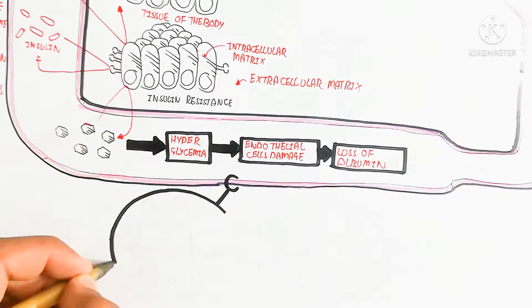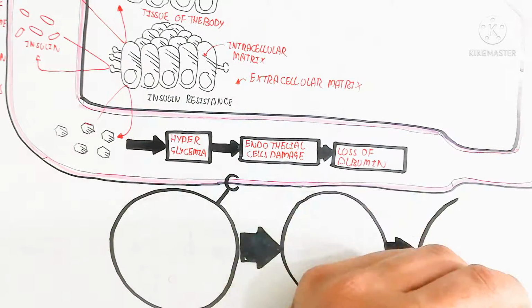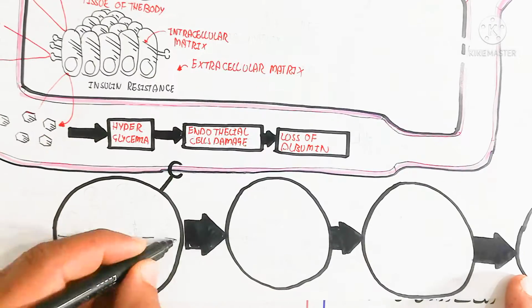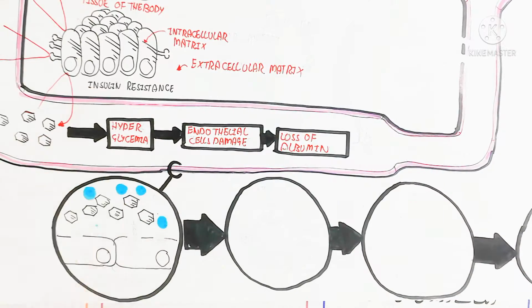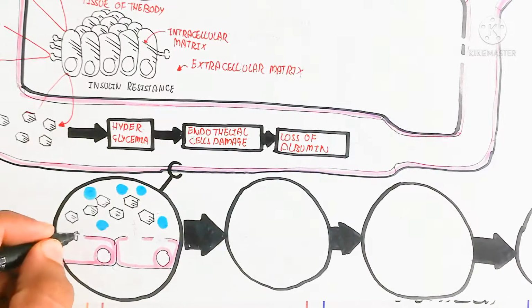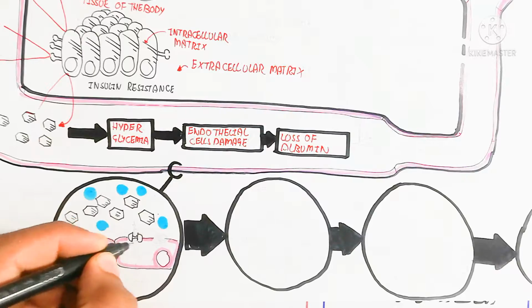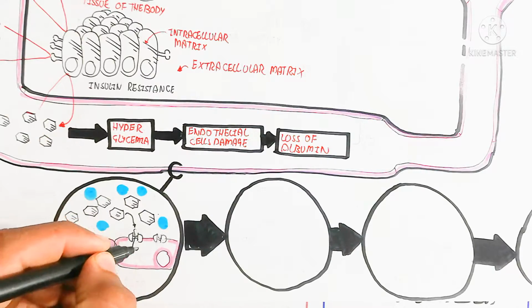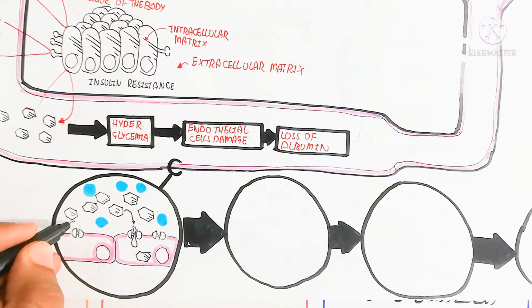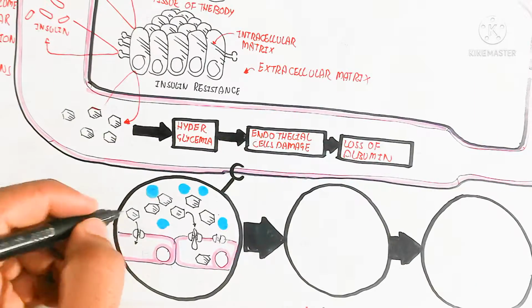How does endothelial cell damage happen, and loss of albumin? Let me draw the process of the endothelial cell damage. Remember, the glucose through the GLUT4 channel for the endothelial cell does not require insulin.